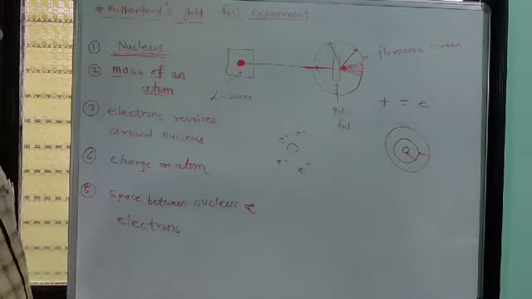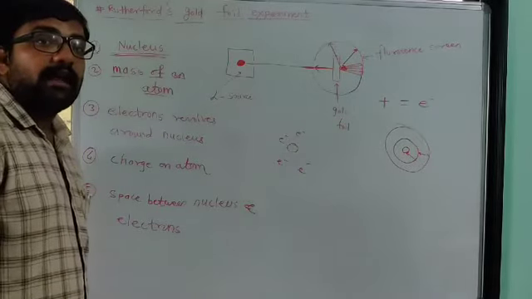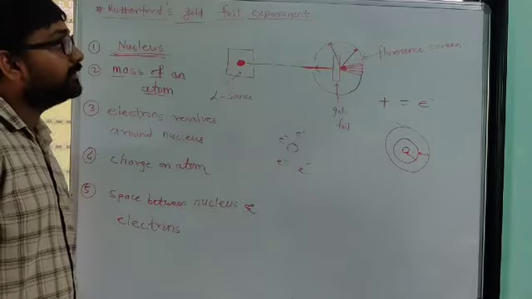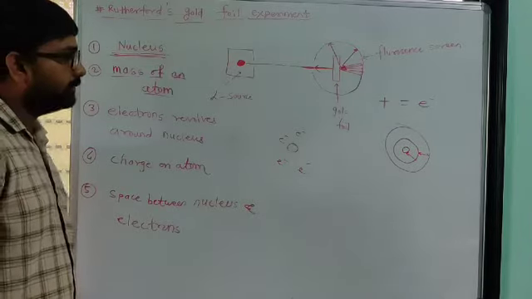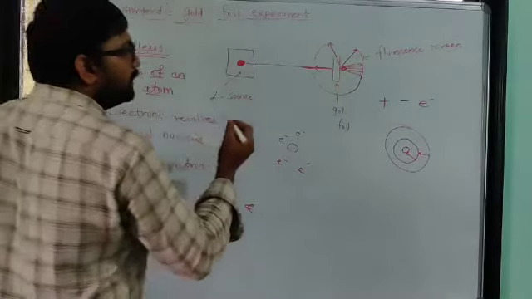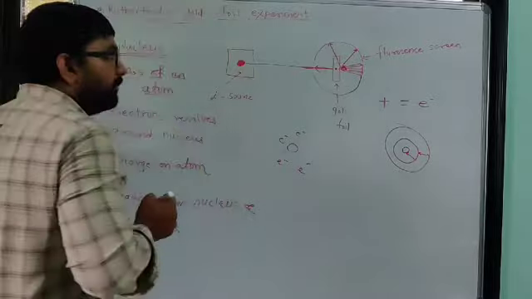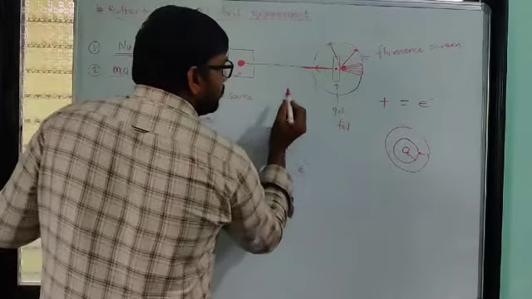So in Rutherford's gold foil experiment, he tried to tell us the structure of an atom. Suppose we consider one atom. What happened due to the presence of this atom?